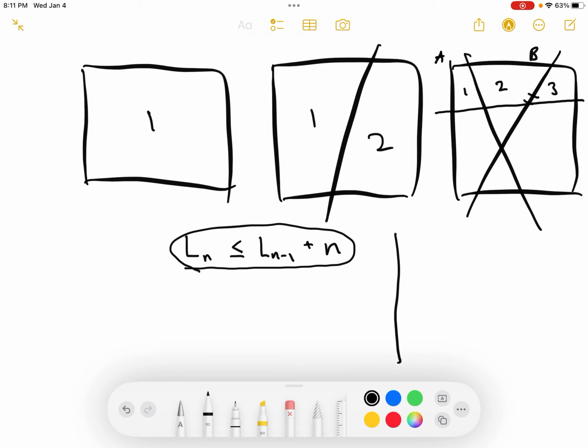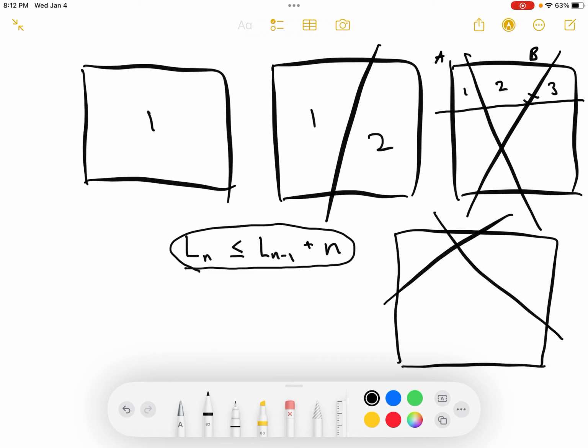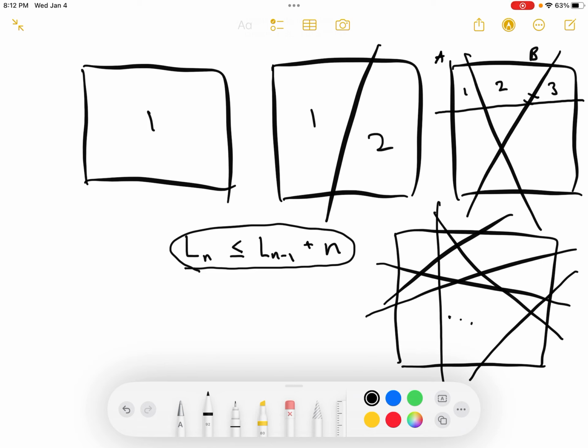So just the illustration is, we have a lot of lines crossing each other, none of them parallel to each other, but a lot of them, and we're going to let the nth line cross all the lines in the plane.